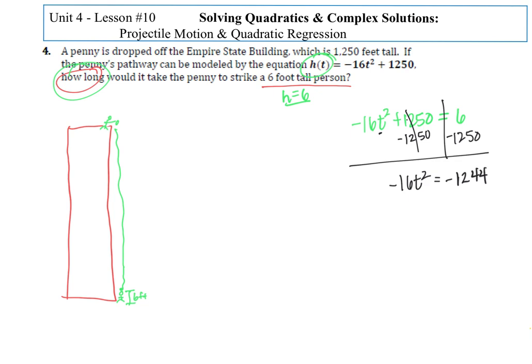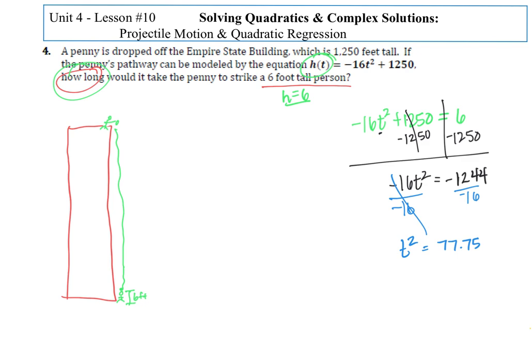We are not done isolating t squared yet, so we're going to divide by negative 16 on both sides. What we do to one side, we do to the other. So t squared is equal to negative 1244 divided by negative 16, which is positive 77.75.